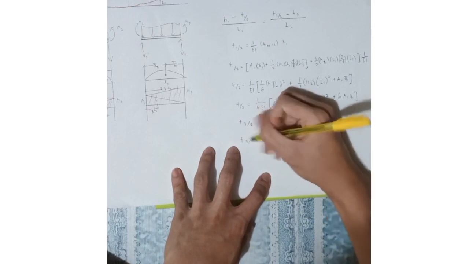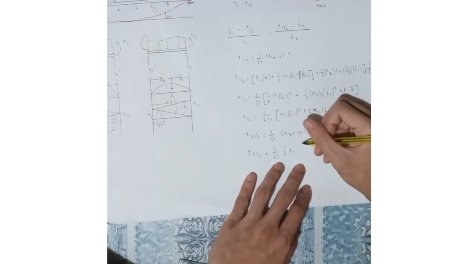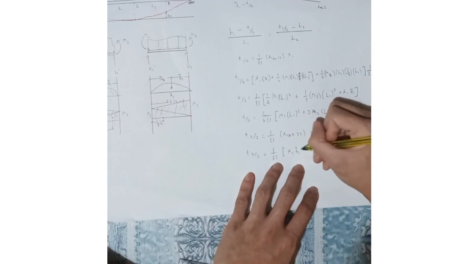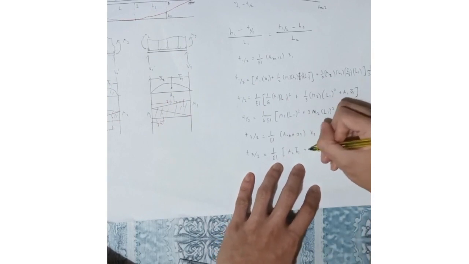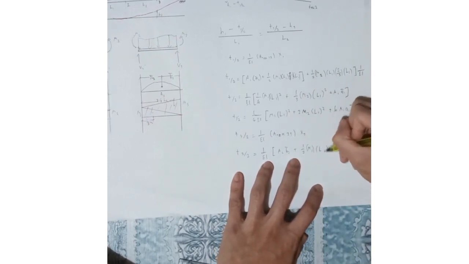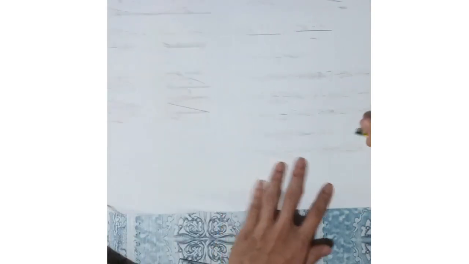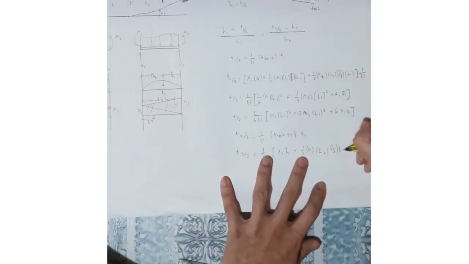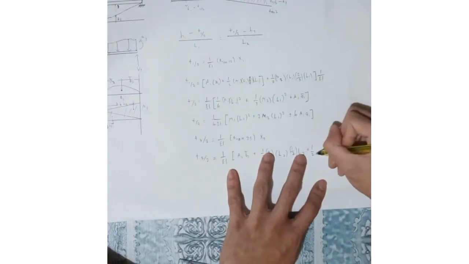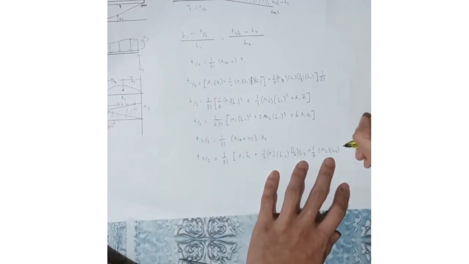So t 3 2 equals EI times this one, so A2 B2 bar plus 1 half M1 L, then the 1/3 of this one is M2, 1/3 L2 plus 1 half of the M2, the other half L2 2/3.